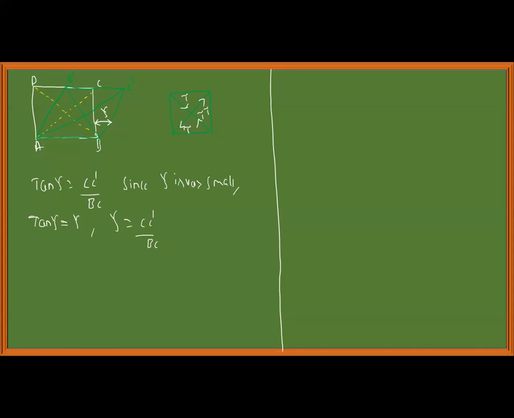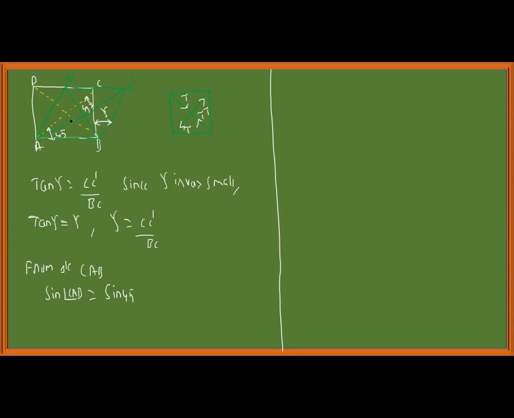Okay. Now, if I consider triangle CAB, sine of angle CAB is equal to sine 45. If I assume that this is 45, this will also be 45, obviously.